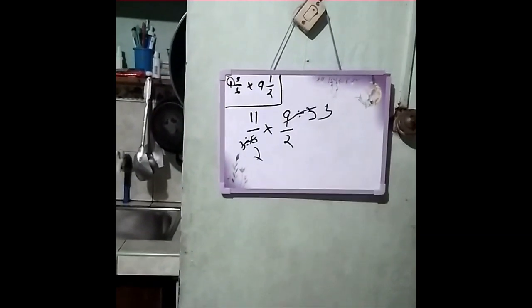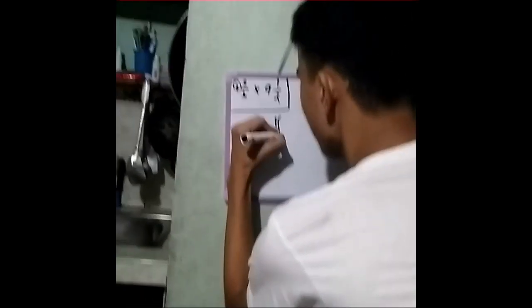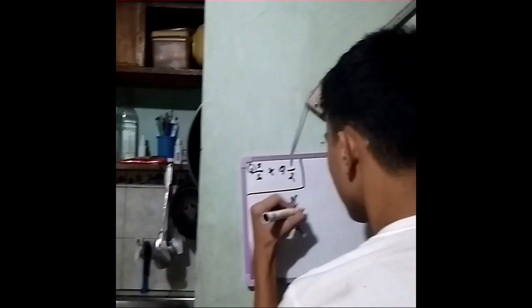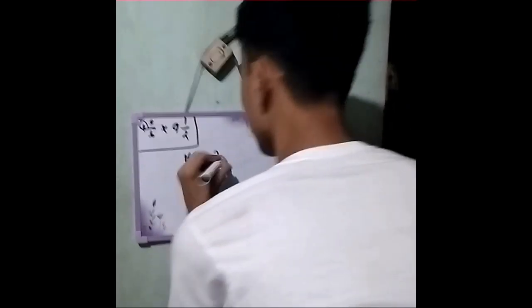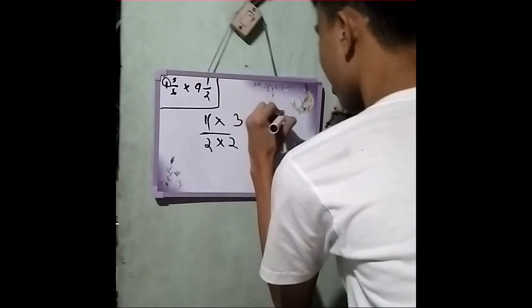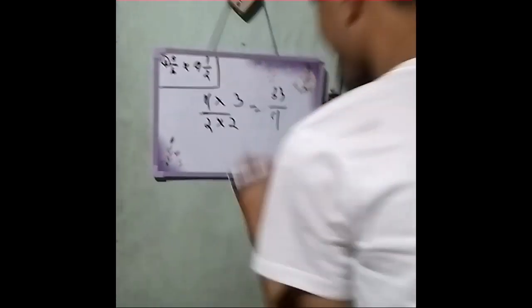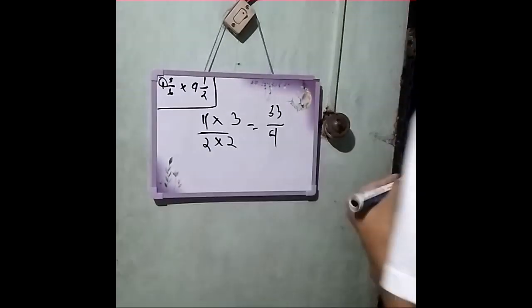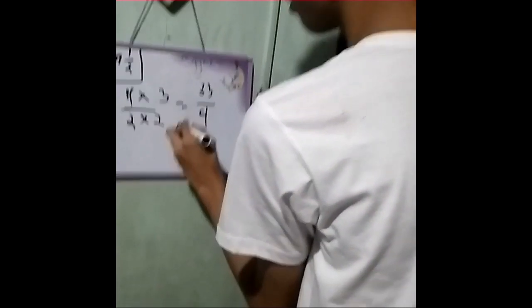So sulat natin ng maayos yung ating problem. So 11 over 2 times 3 over 2 is equals to 33 over 4. Since multiply natin yung mixed number, dapat ang sagot ay magiging mixed number din.